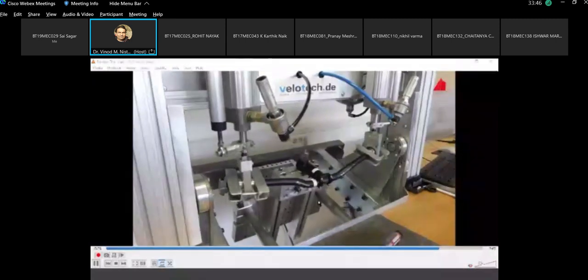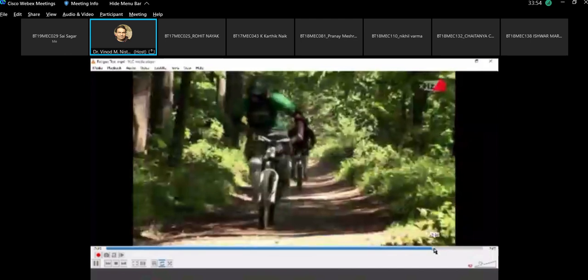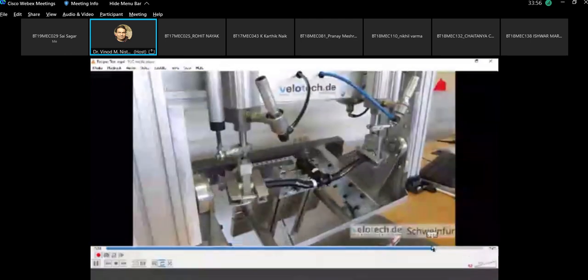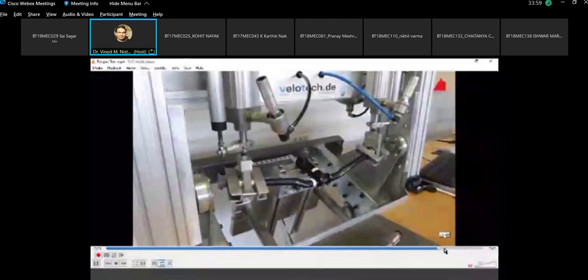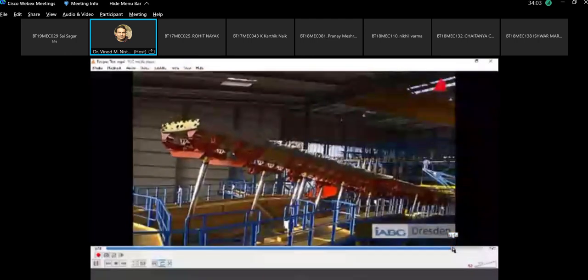Okay, so you can see this. The fatigue testing is performed on the handle of the cycle, for sports cycles and all, because they are used on rough surfaces. Second is in aeroplanes, the wings.